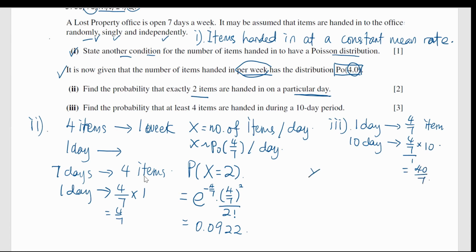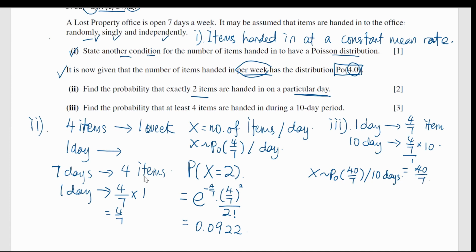So now the random variable also follows a Poisson distribution, but it has a mean of 40/7 because it's an interval of 10 days.